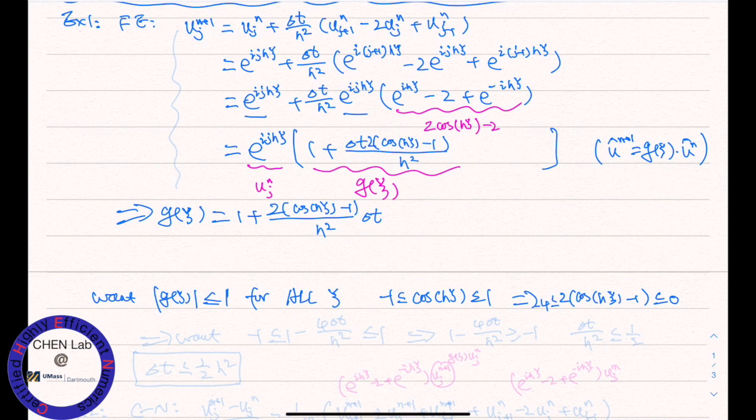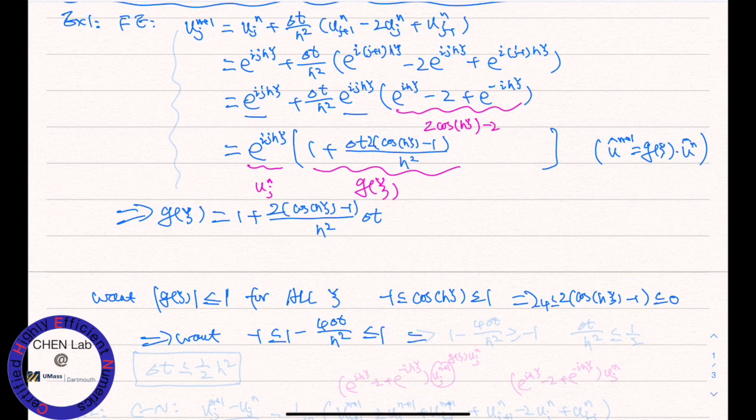When it's at the 0 end it's fine because it's 1 plus 0, so G c is 1. Which means we want, when it's negative 4, 1 minus 4 delta t over h squared to be less than or equal to 1 and larger than negative 1. Of course, it's less than 1 because delta t is positive and h is positive.